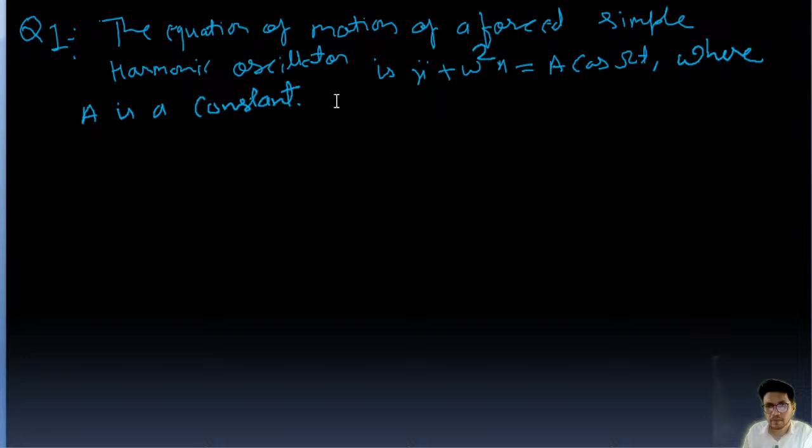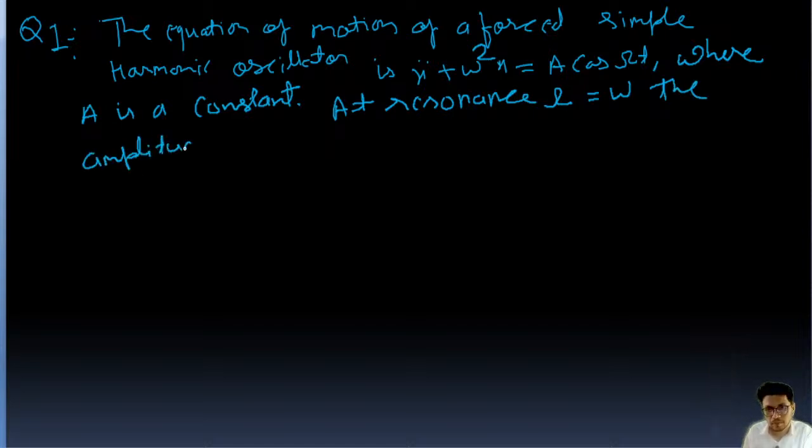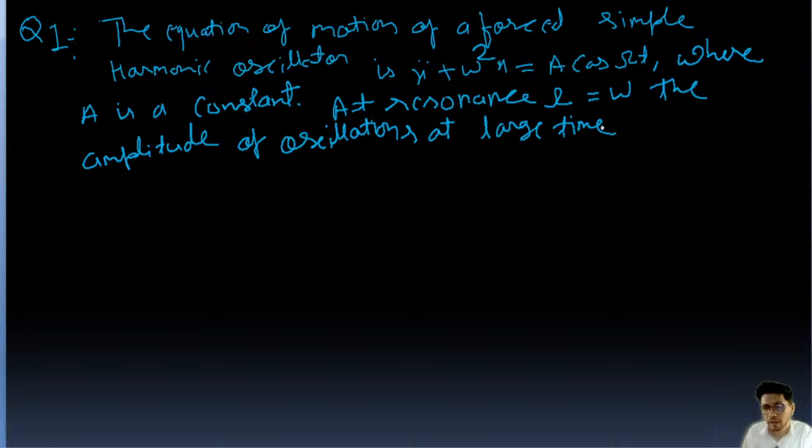At resonance, capital omega equal to omega, the amplitude of oscillations at large times.